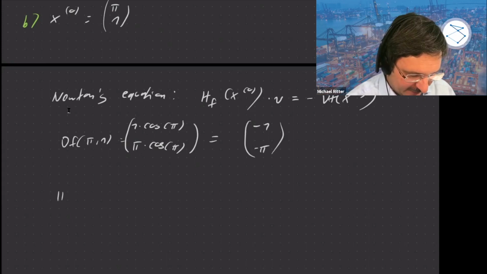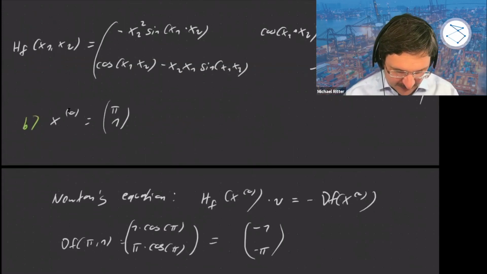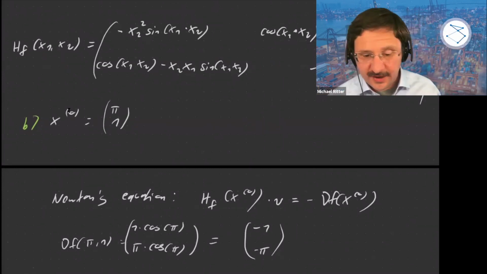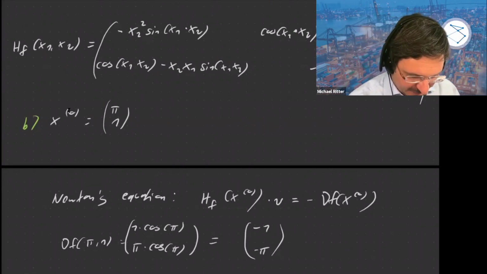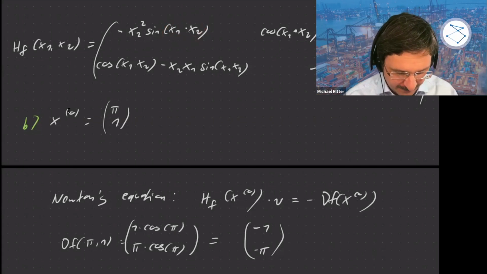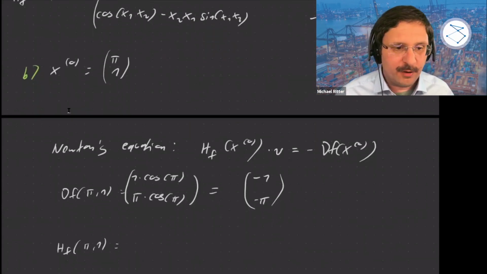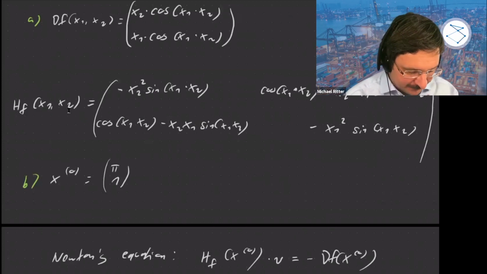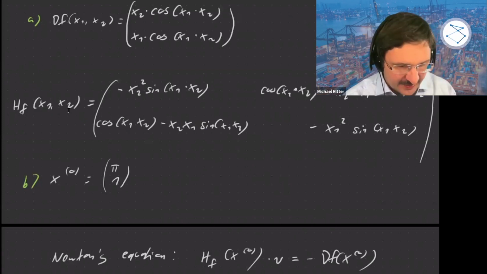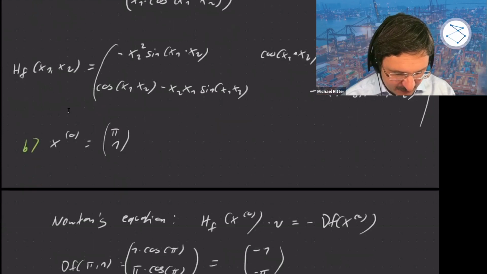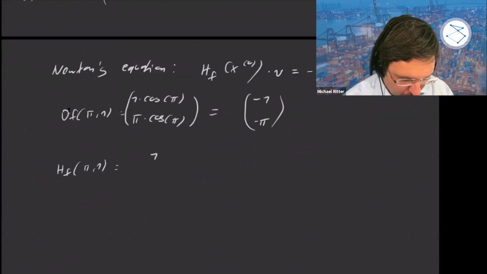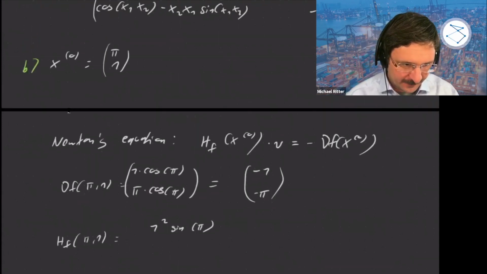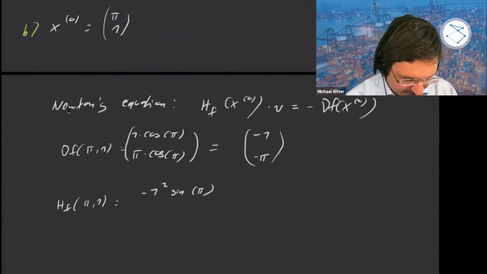And for the Hessian, we also just substitute our point. So let's see, in this case, we have the sine. So it's always the sine of x1, x2. x1, x2 again is pi. So we get sines of pi, sorry. So here we have minus x2 squared, that's 1 squared, sine of pi, oh, -1, sorry.